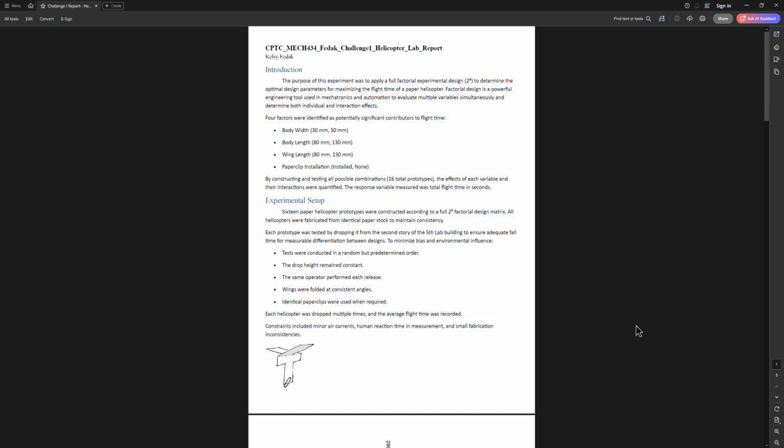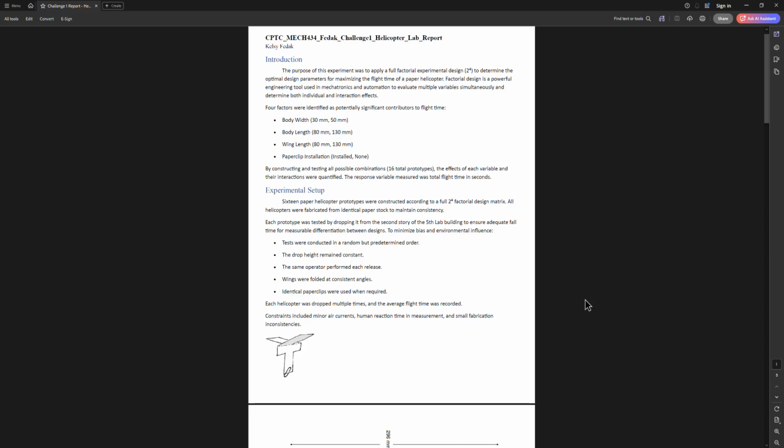So the goal of this lab was to determine which design parameters produce the longest helicopter flight time. And the objective of this experiment was to apply a full factorial experimental design to analyze the effect of several helicopter design parameters on their flight time.